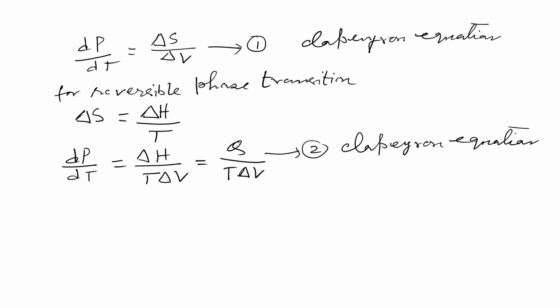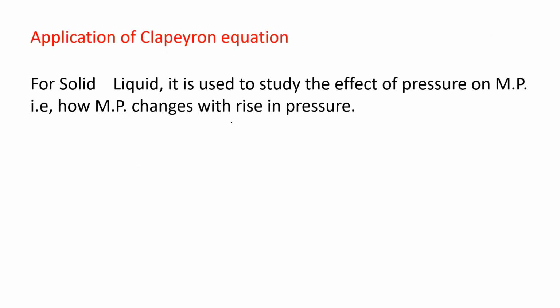Now we'll see its application. The application of the Clapeyron equation for solid-liquid equilibrium is used to study the effect of pressure on melting point. That means how the melting point changes with a rise in pressure.